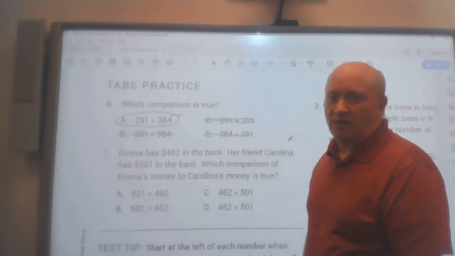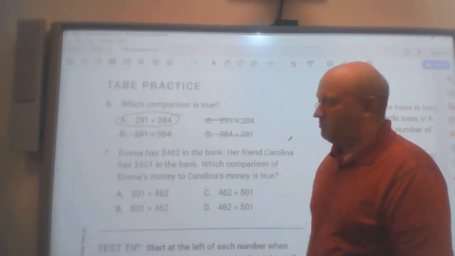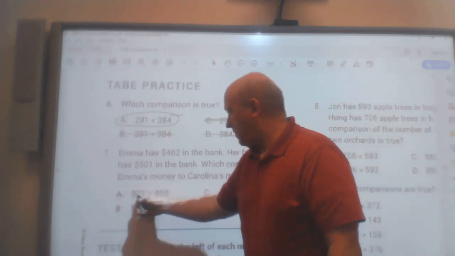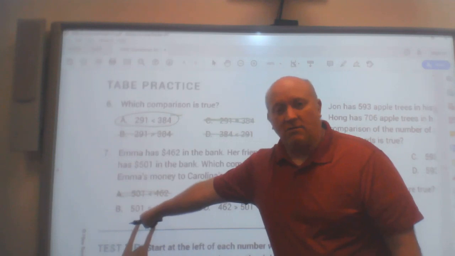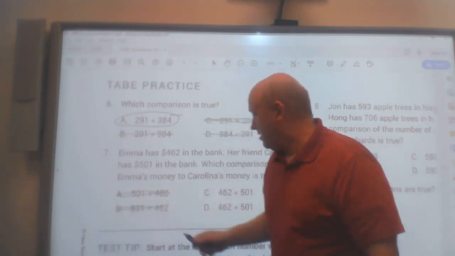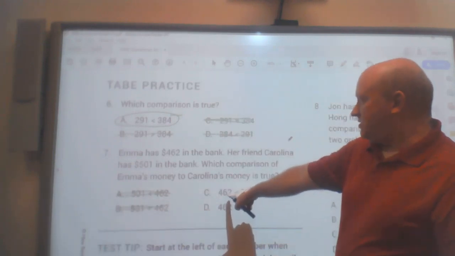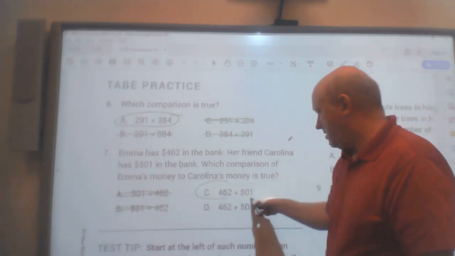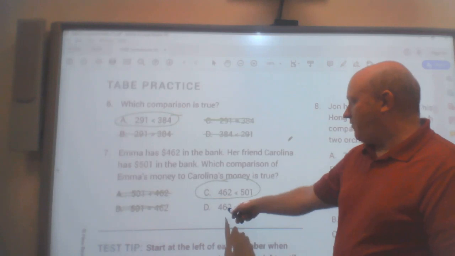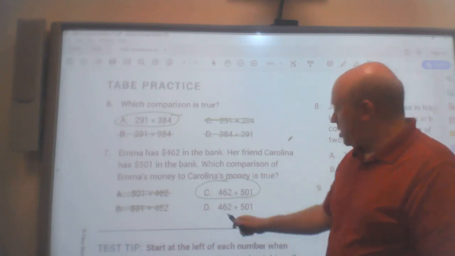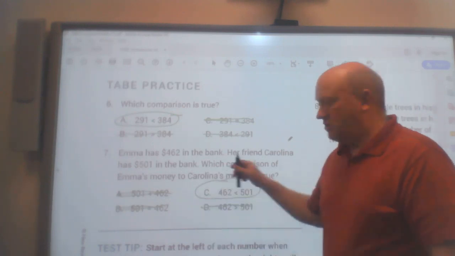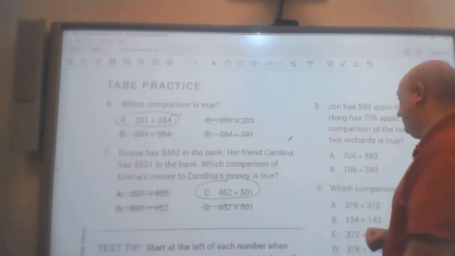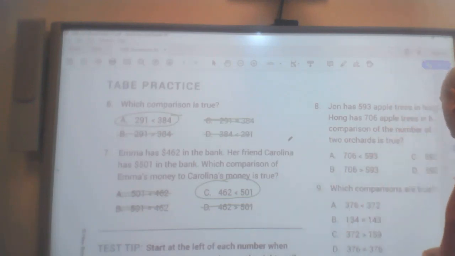Is 501 less than 462? Nope. Are these two numbers identical? Nope. Is 462 less than 501? Yes. Is 462 greater than 501? No. So the answer has to be C. All right.